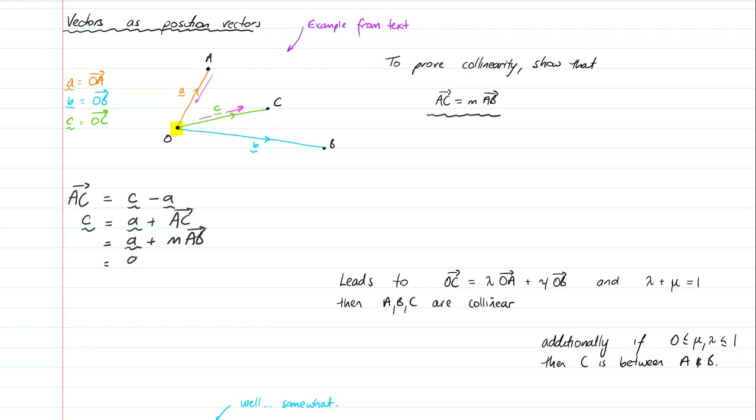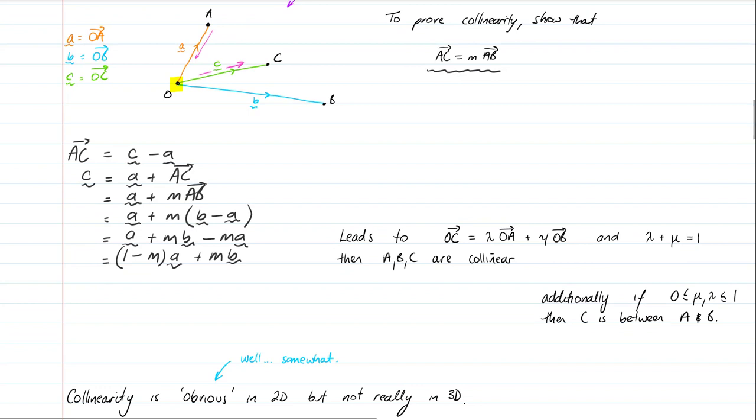To get from A to B, I have to do B minus A. I can expand this and I get A plus mB minus mA. Then I can bring this together and factorize. So I get (1 minus m) times A plus m times B.